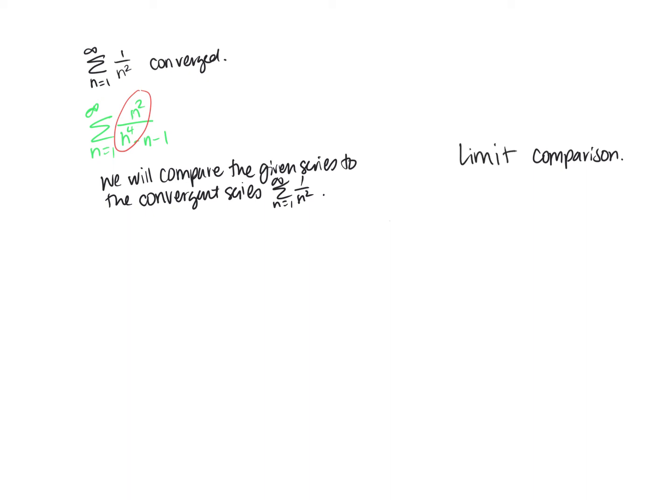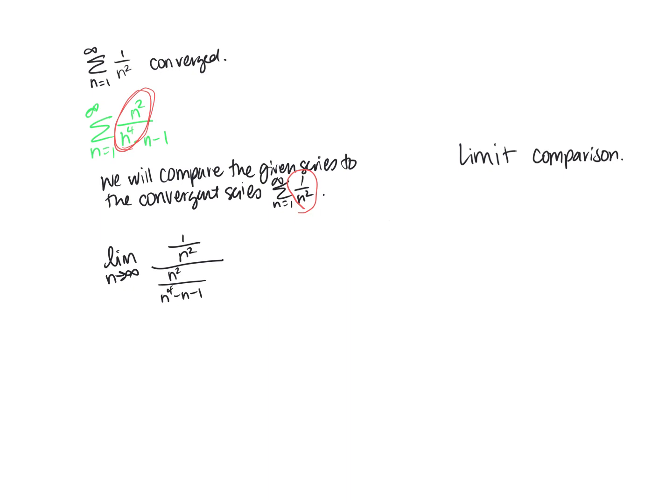Okay, so if the sign goes the wrong direction, we can still use our comparison, but we have to do a limit comparison. And so what we're going to do is we're going to say the limit as n goes to infinity of this, well, we could do it either way. We can say that one over this one, or vice versa. So I'll just do 1 over n squared over n squared over n to the fourth minus n minus 1.